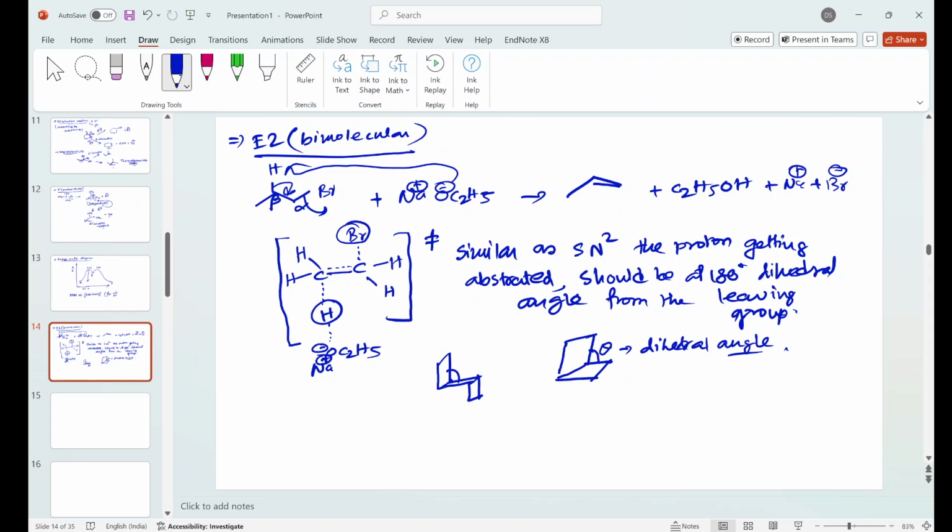So this is 90, this is also 90. So altogether you have 180-degree dihedral between this one and this one.